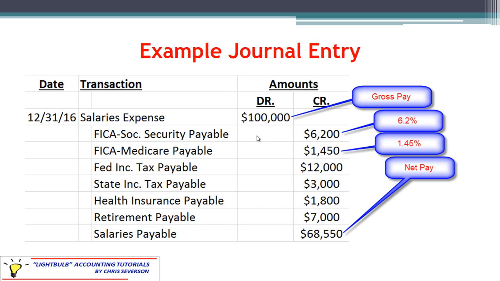Now, we have the percentages. We also have federal income tax payable, state income tax payable, health insurance payable, retirement payable, and finally the salaries payable. This is the amount that is going to go to the employee themselves. This is the amount that's referred to as the net pay.